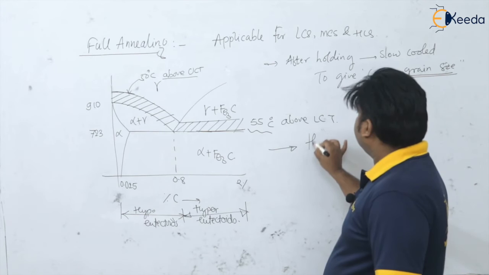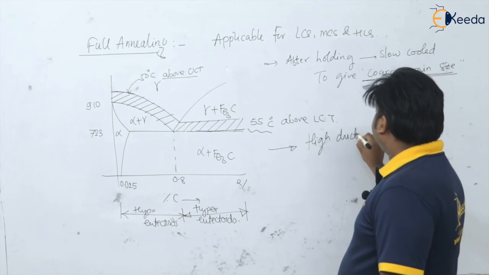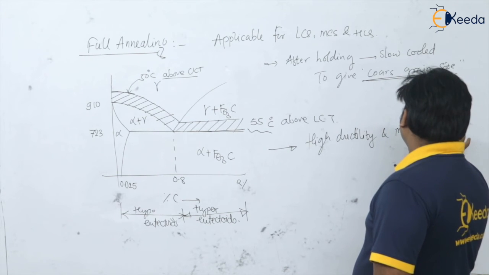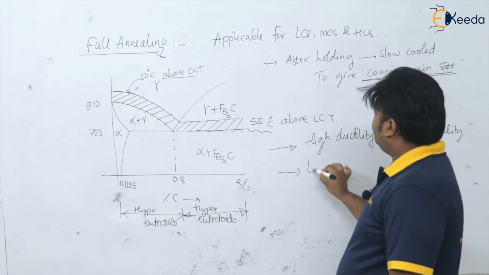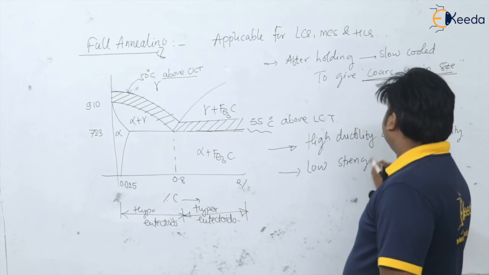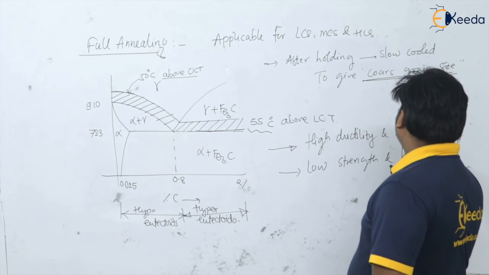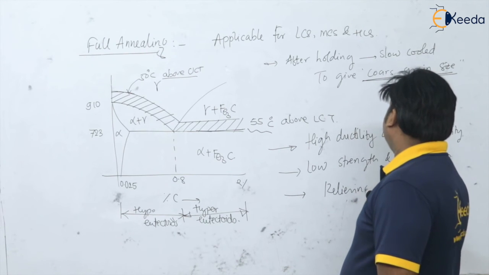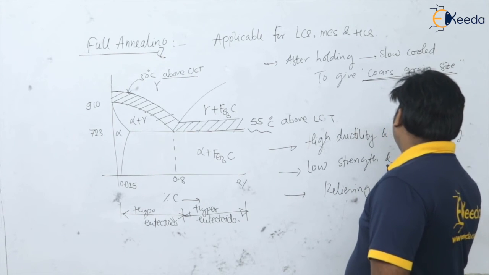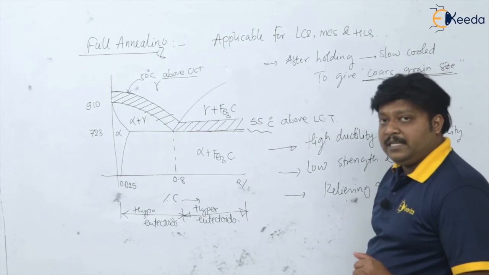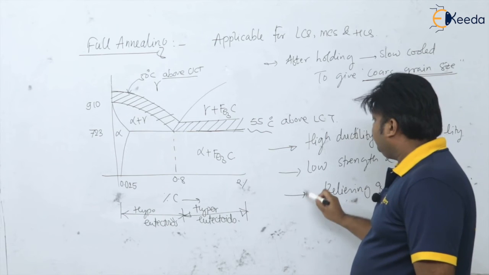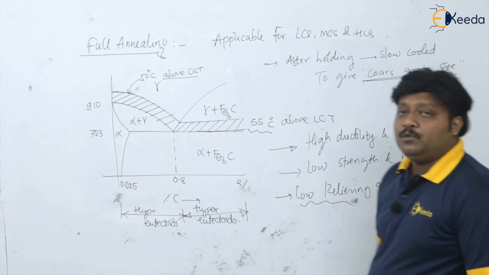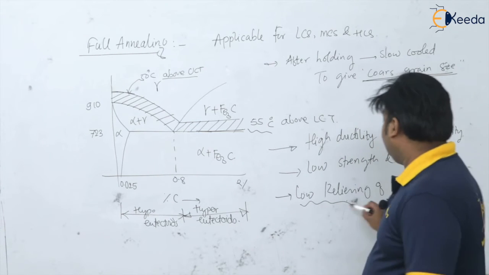We are going to get high ductility and machinability, then of course low strength and hardness, and relieving of residual stresses. Please remember, this full annealed component has very low residual stresses.